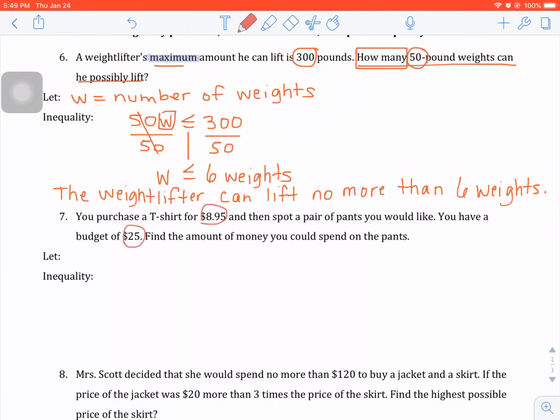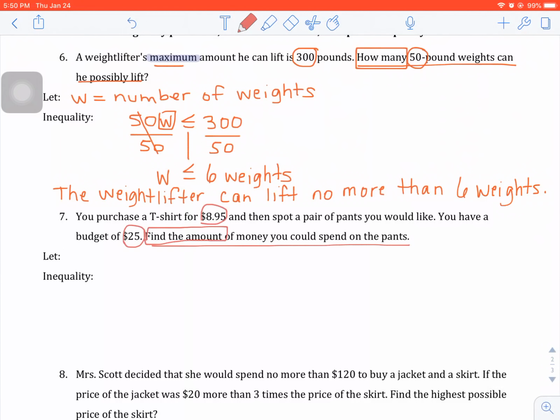The question is, find the amount of money you could spend on the pants. Math action verbs, maybe find the amount. Sometimes that gets tricky.